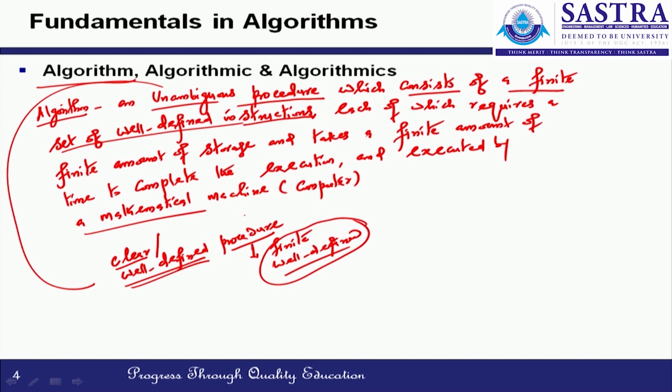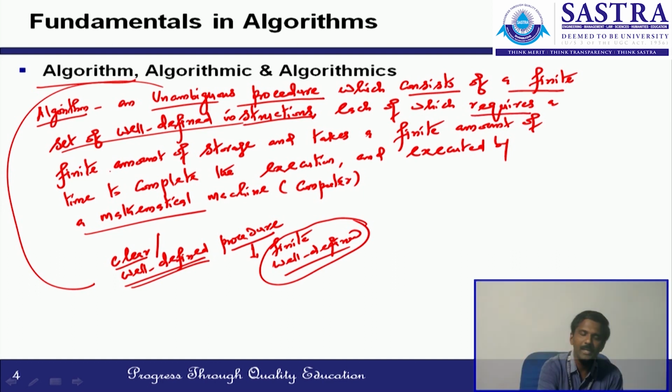So the unambiguous procedure consists of a finite set of well-defined instructions where each of these instructions requires a finite amount of storage, because the instructions are going to be executed by a machine. At that stage we need to store the corresponding variables in the system memory.